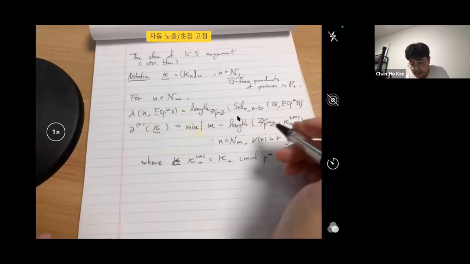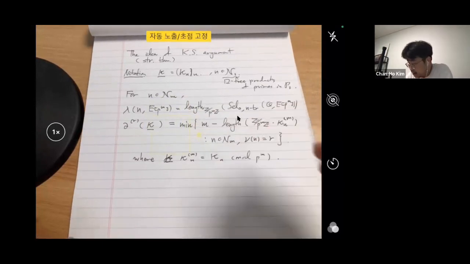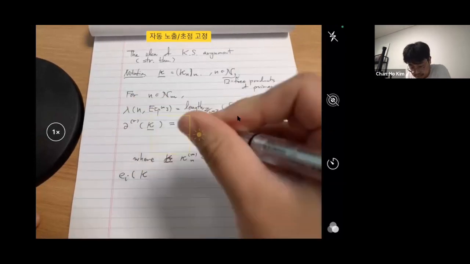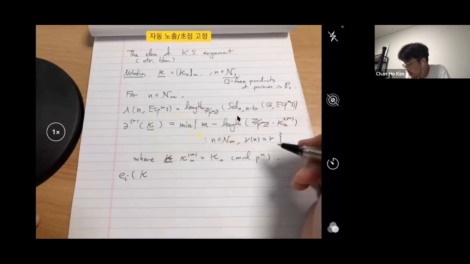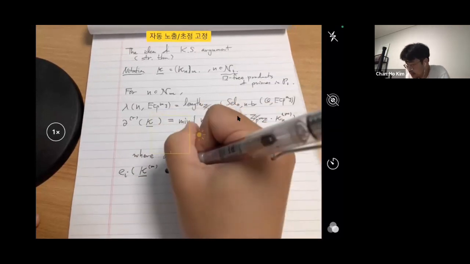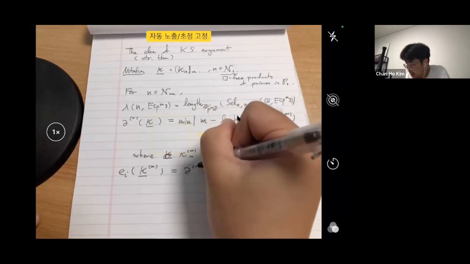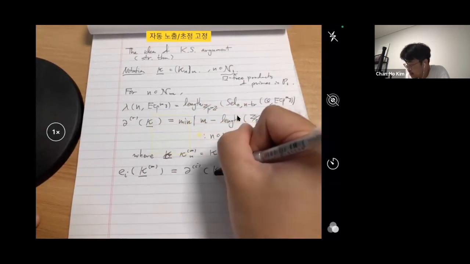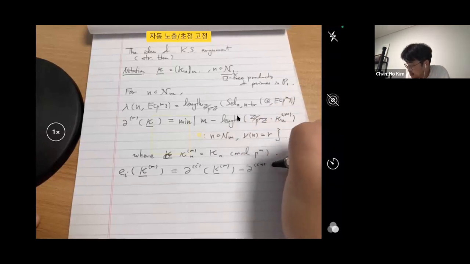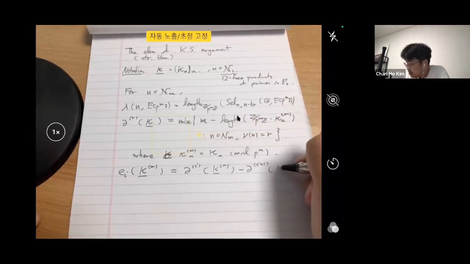And EI, so yeah, I can take all modulo p to the m, then I have this is the partial I kappa m minus partial I plus 1 kappa m.